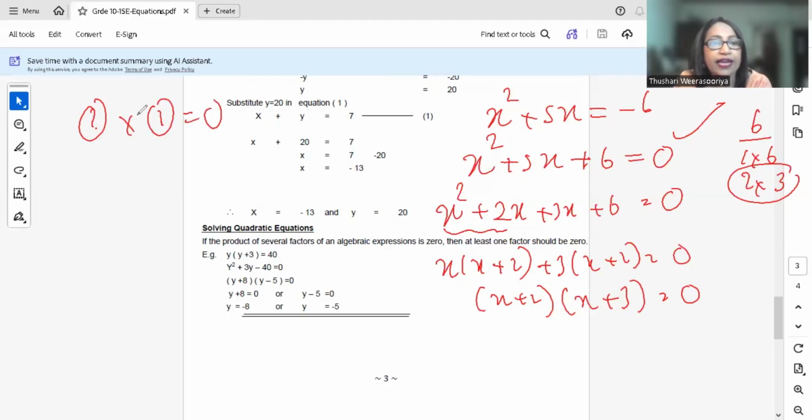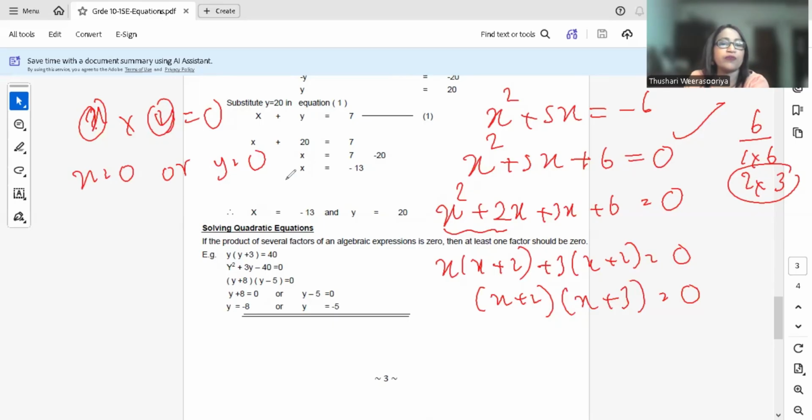Now here, I have 2 numbers. Look at this part. I have 2 numbers. When I multiply, I get 0. Now I can ask what will be the numbers. I can give a hint. When I multiply, I get 0. What will be the numbers? Right?